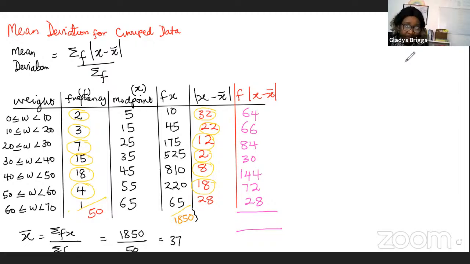488. Now your formula says to do sigma f times x minus x bar over sigma f. And you got sigma f times x minus x bar to be equal to 488.